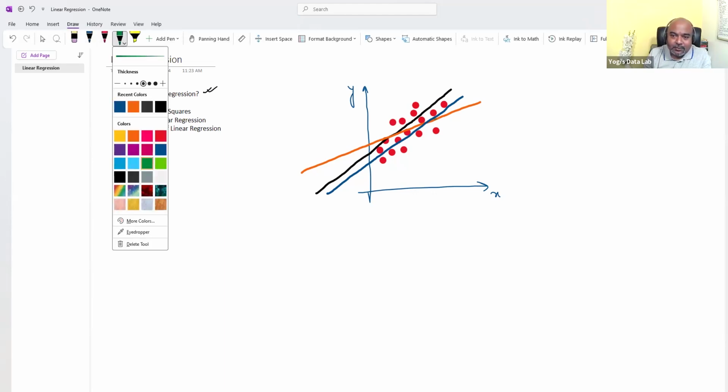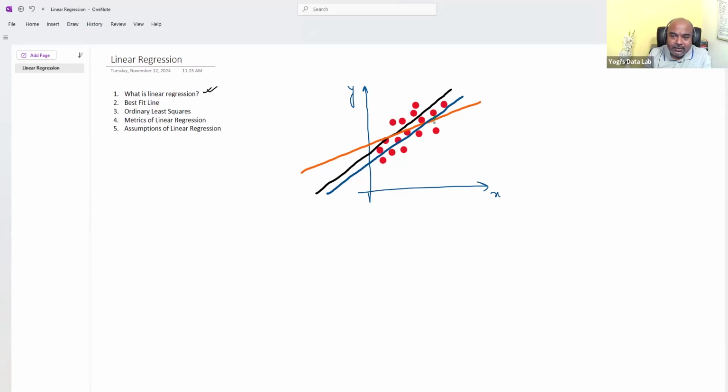If we talk about this blue line, you see the distance over here is high. Here it is low. Here it is some distance. But is this blue line having the least distance from the points, or is it the black line or the orange line which has the least distance from the points?